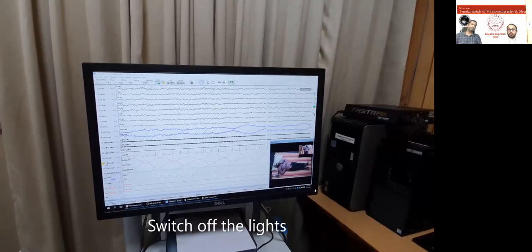Make sure there is enough storage space, because once you do everything and at that moment you realize that there is not enough space, by the time you clear up some files and are ready, it will already be 10 or 20 minutes into the recording. And we have video monitoring as well through the IR lights. So even if the lights are off, the experimenter can monitor the subject.